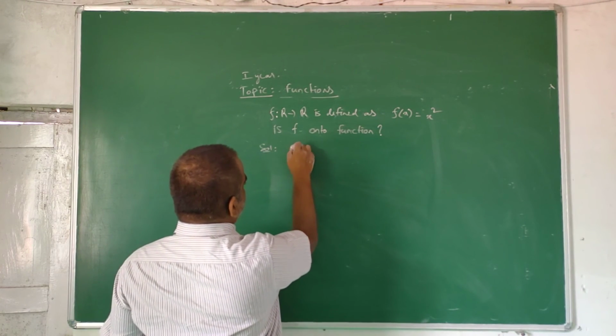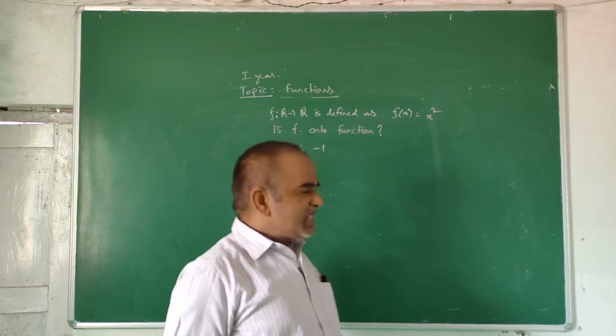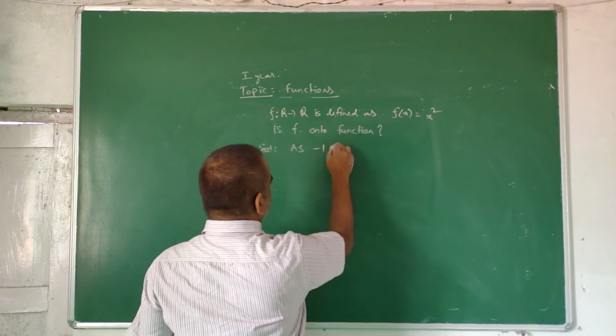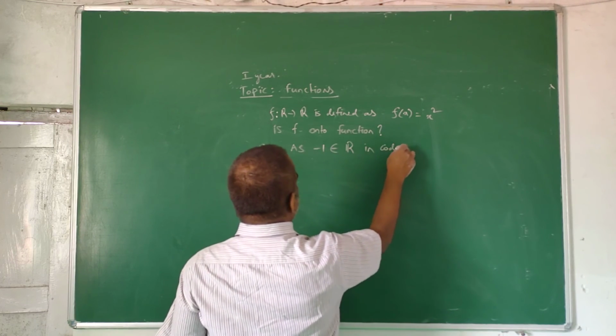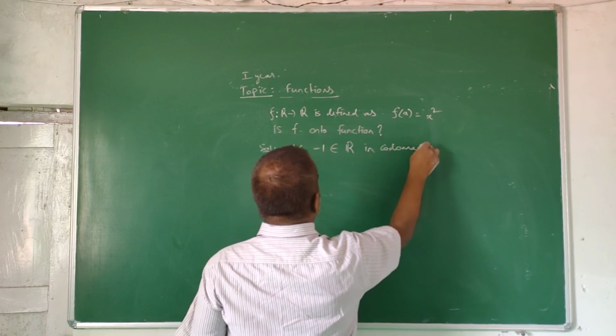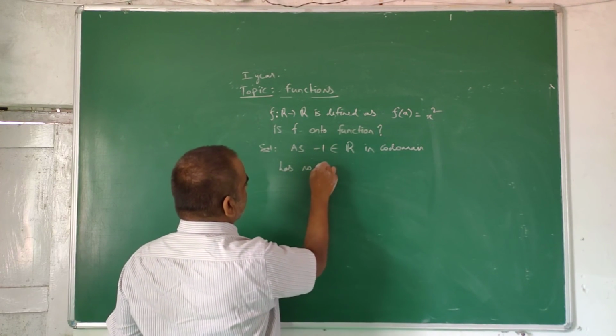See, I am taking an example: minus 1 belongs to R in codomain and has no preimage in domain.